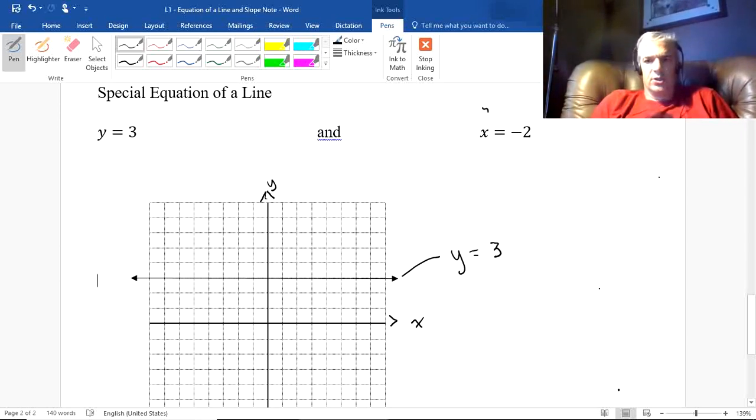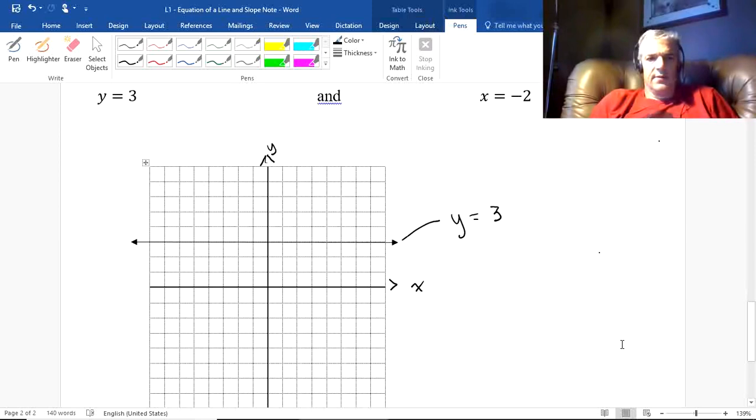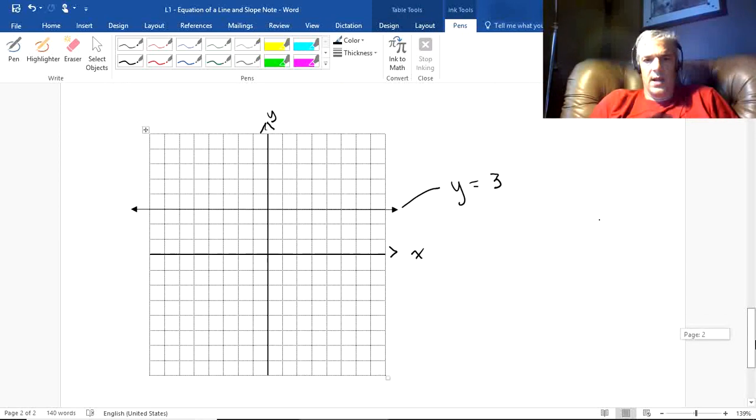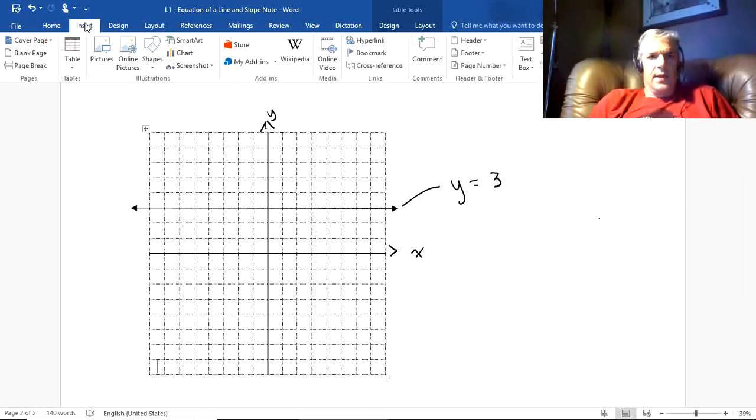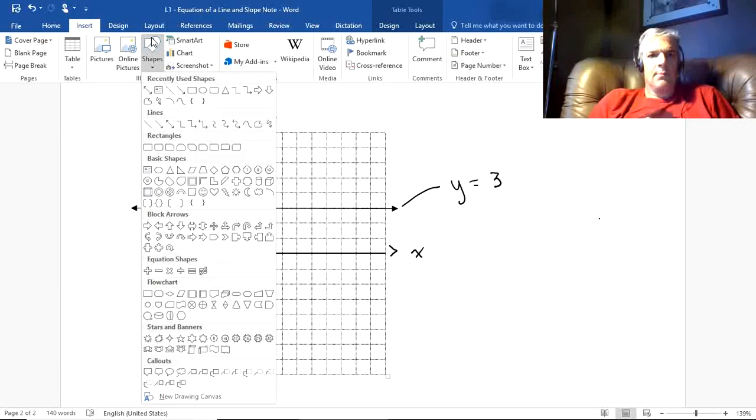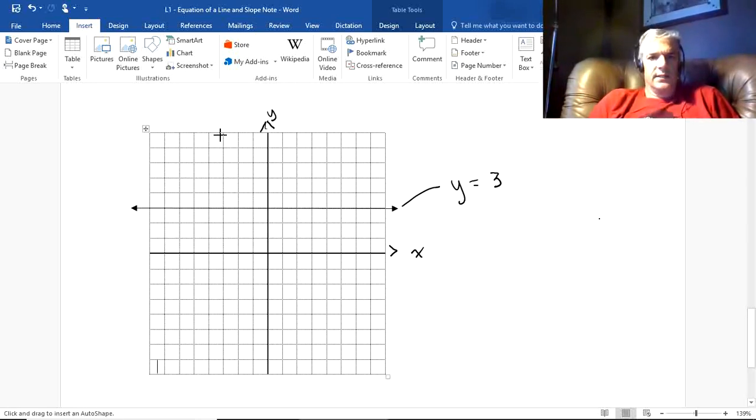I'm going to scroll down a touch and see if I can get the whole graph in here. Okay, it won't let me quite. There we go. I'm going to go back to my insert, grab my line feature, and tell you that x equals minus 2 is right here.